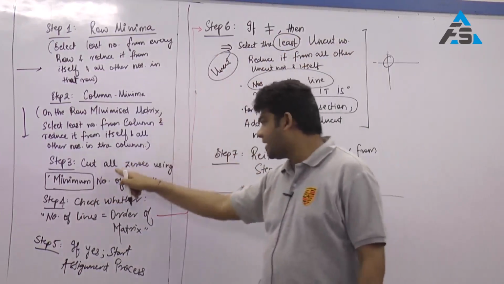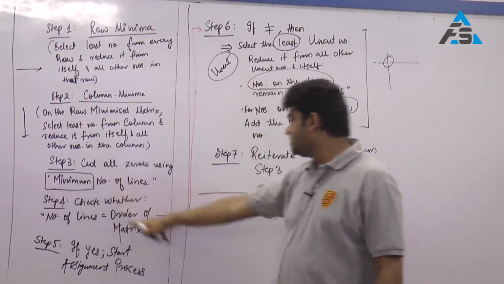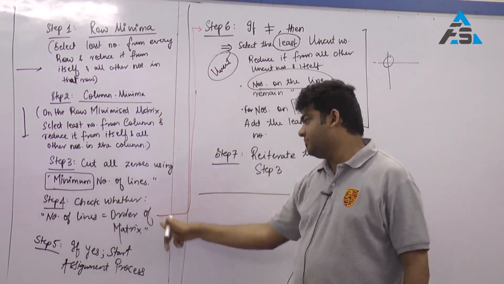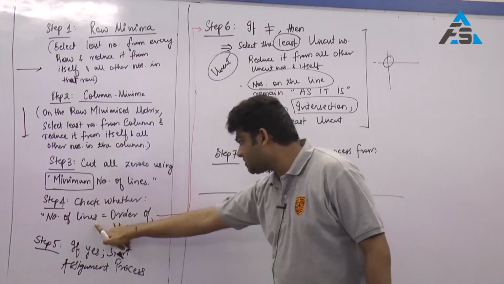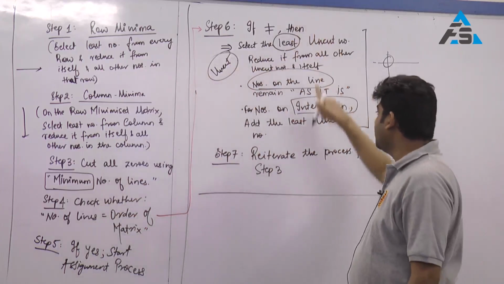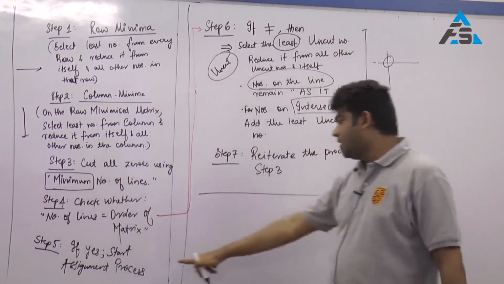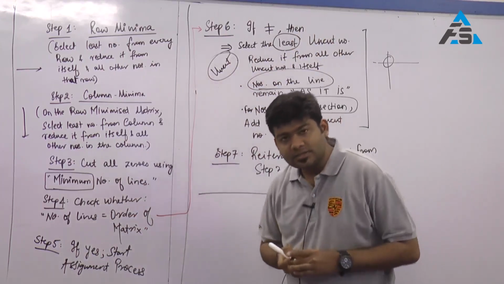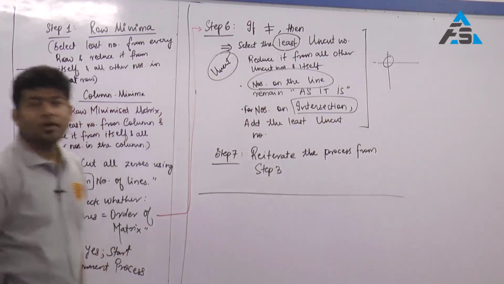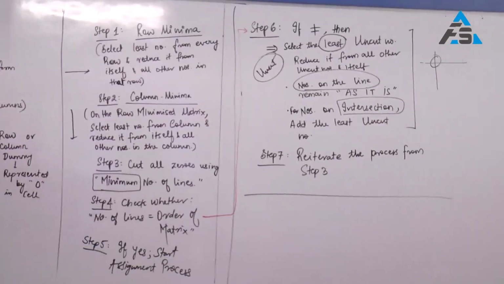Based on this, again I come to step 3. Once step 3 is done, again step 4. Step 4 equal, I start the assignment process. Step 4 not equal, I go to step 6. Again reiterate the process till I reach step 4 and step 5. So this is how the assignment process will work.